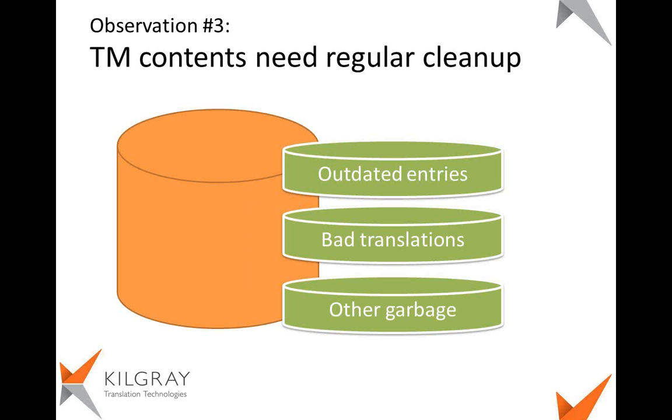There are bad translations, so to say, poor quality translations, and there could be other garbage like non-textual elements, like translation units consisting only of tags or only of numbers went into the database, and you want to get rid of those, and you need to clean this up. And you need to keep your resources consistent. And you need to know what you are doing to what part of your data. So all this could be very difficult.